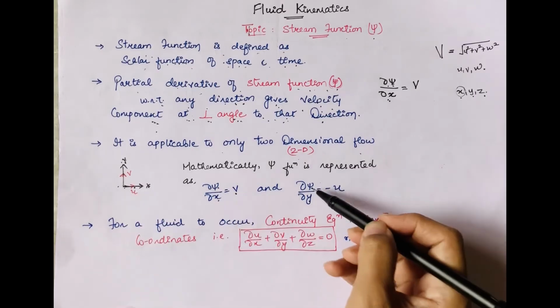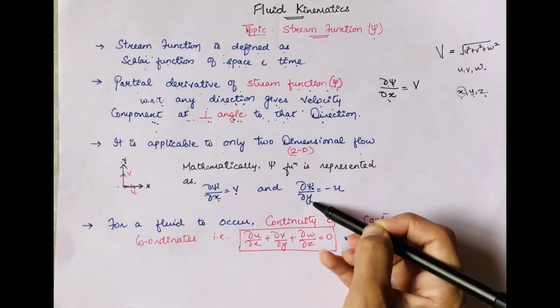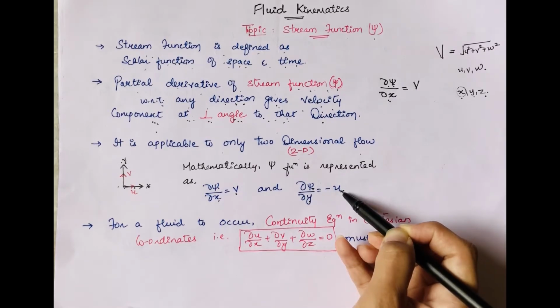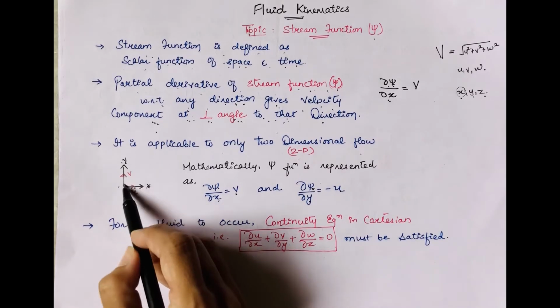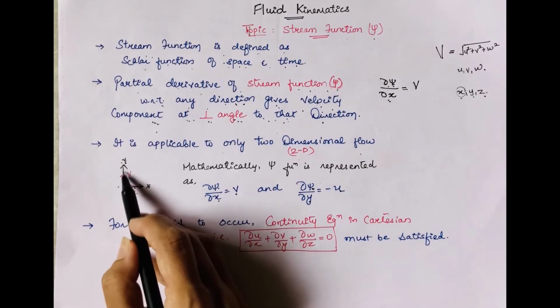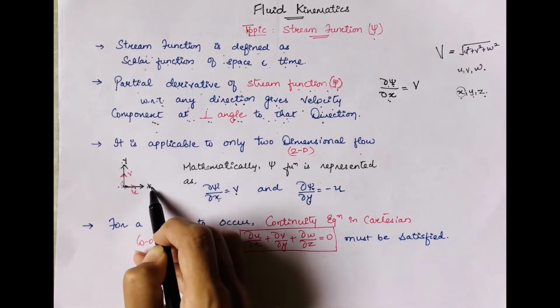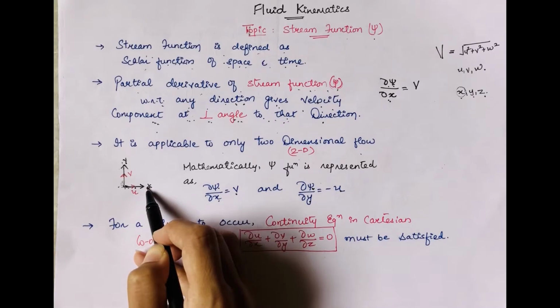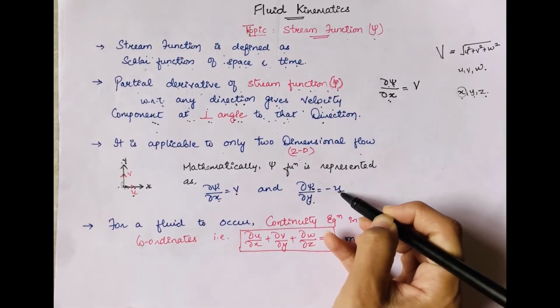Here partial derivative of stream function with respect to y direction gives velocity component in perpendicular direction to y. Which is the perpendicular direction of y? X. And what is the velocity component in x direction? U. So del psi by del y is equal to minus u.